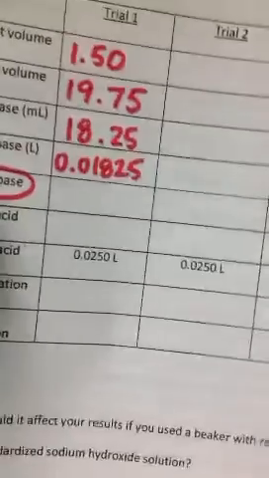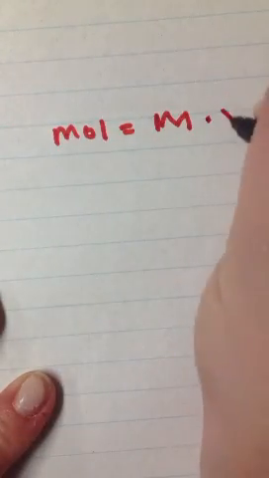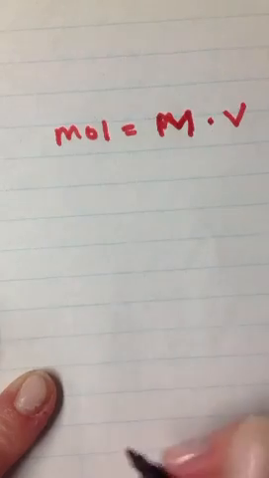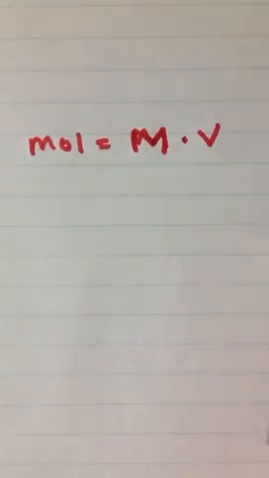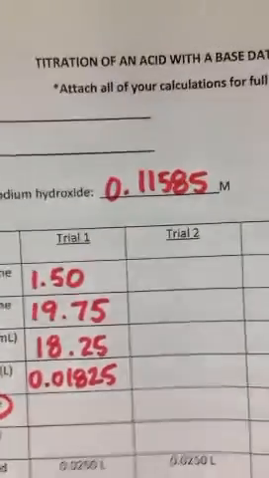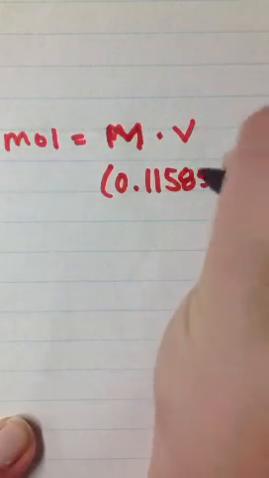Now, the key concept here is this idea of moles of base. So I'm going to transition just so I can show my work. And I know that moles equals molarity times volume. Well, let's look at what I have for my base. I know the molarity of my base. So molarity is this number right here, the 0.11585, and for the base, it will always be 0.11585 molar.